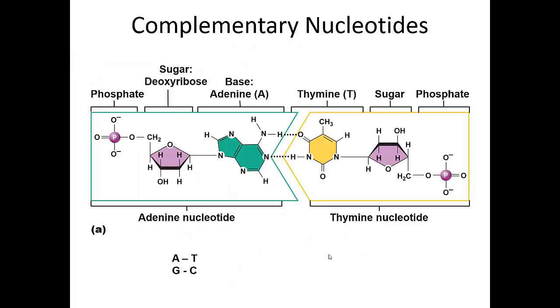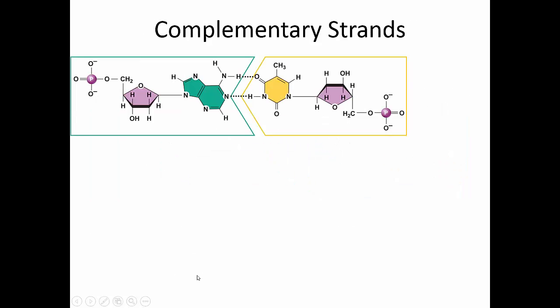On the opposite strand, you will always find what's referred to as the complementary base, or the complementary nucleotide. So anytime you see an A or an adenine on one strand of the DNA, across from it, hydrogen bound to it, will be a T. Anytime you see a G, there will be a C on the other side.